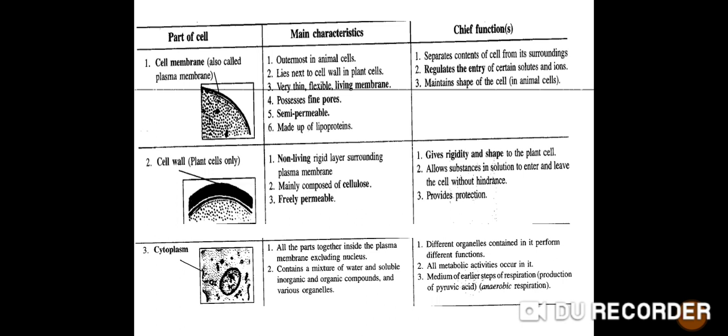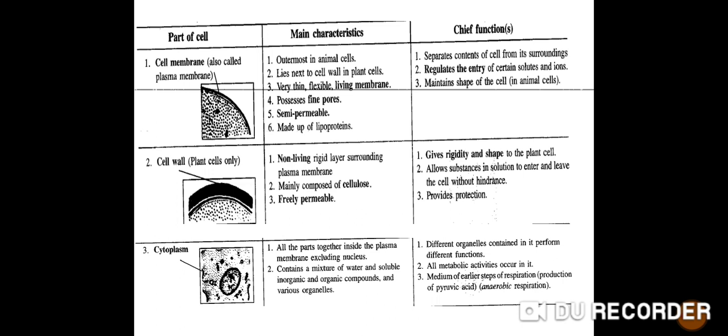Next, the cell wall is found only in plant cells. Cell wall is the non-living rigid layer surrounding the plasma membrane. It's mainly composed of cellulose, which is a large carbohydrate. This is freely permeable, unlike the cell membrane.